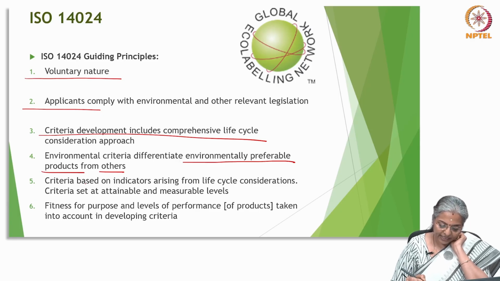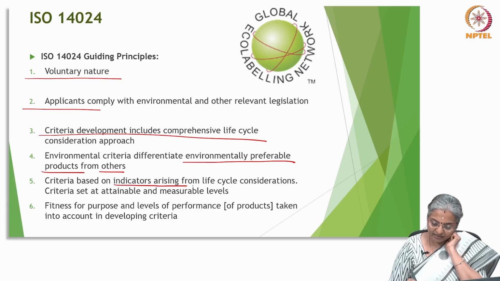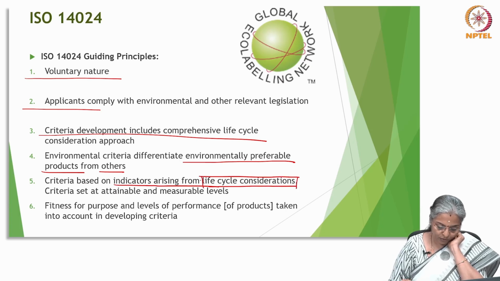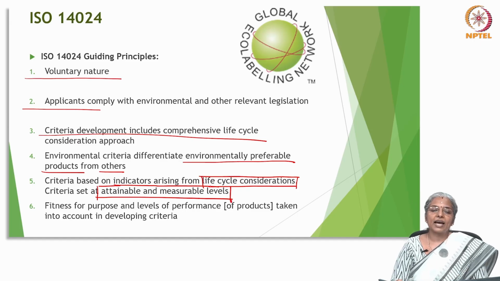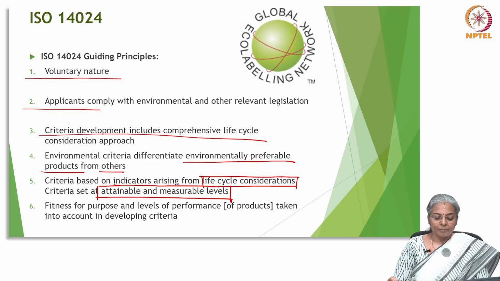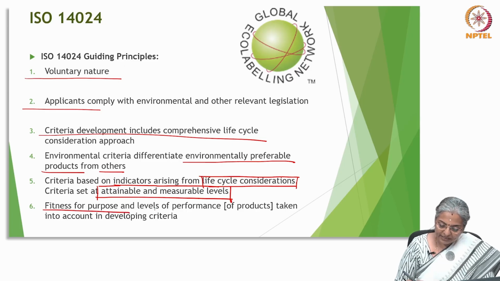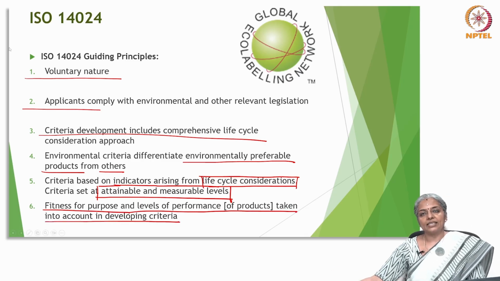Also, criteria based on indicators arising from life cycle considerations will be used, and the criteria will be set at attainable and measurable levels, and not levels which are so aspiring that no product can meet the criteria. Fitness for purpose and levels of performance of products will be taken into account in developing these criteria.